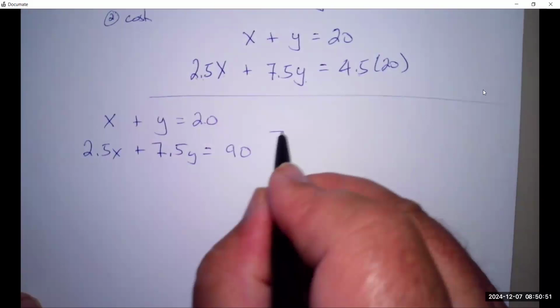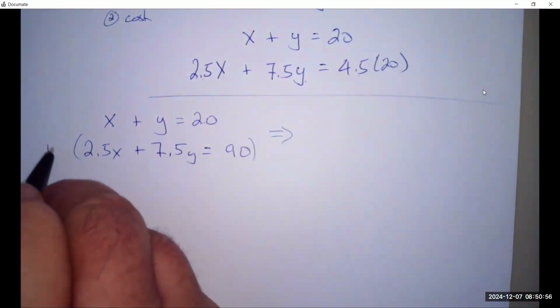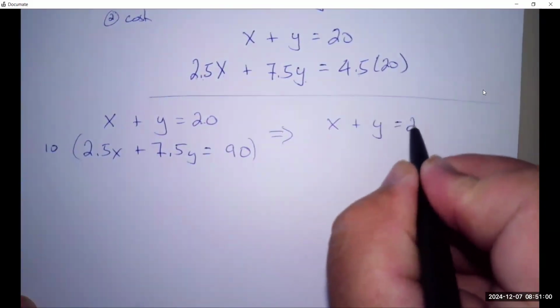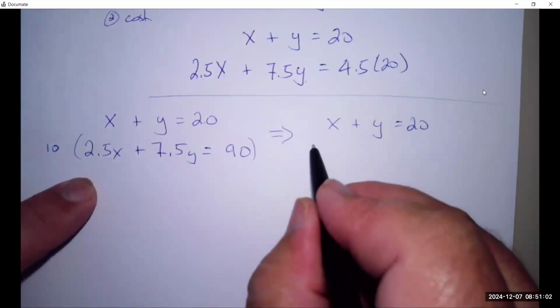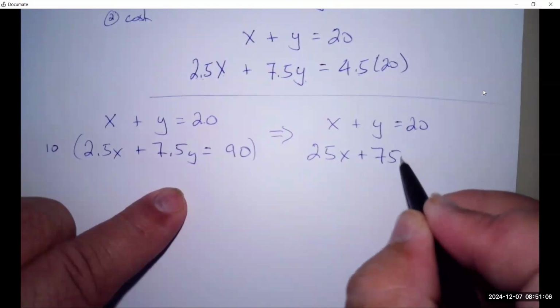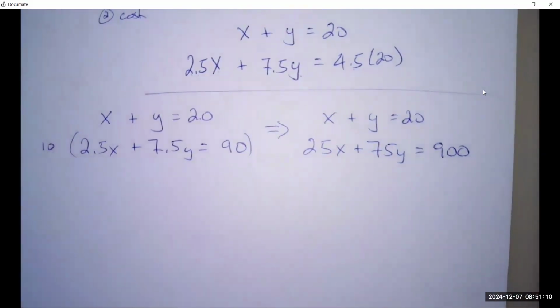We can get rid of the decimals if we multiply by 10. So that gives us 25x plus 75y equals 900. It's much easier because we don't have decimals.